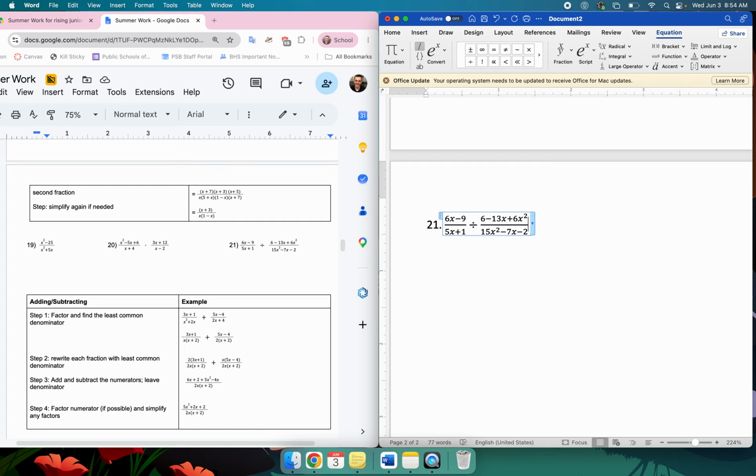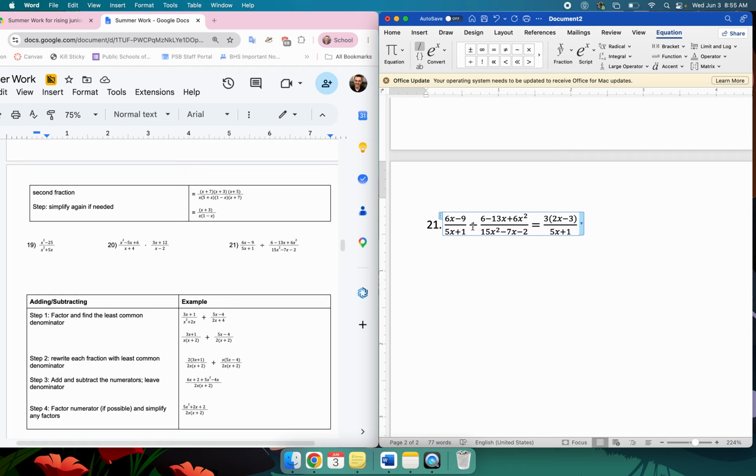Well, you're basically just dividing fractions, and dividing by a fraction means you're just going to multiply by the reciprocal. So I'm going to do a couple of things. First of all, I'm noticing that I can pull out a common factor of 3 in that numerator. I don't know if that's going to matter, but I might as well.